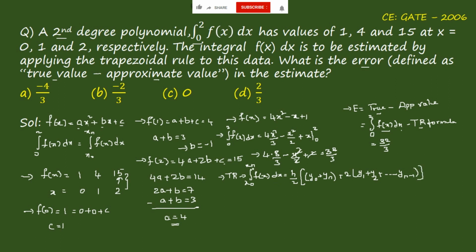Here they are saying that n is nothing but 2 intervals, right? If you consider this one, we consider 2 intervals, 1 and 2. So we can say n is equal to 2.